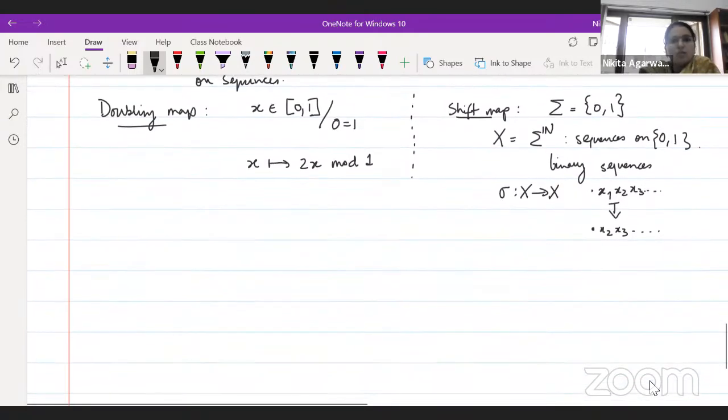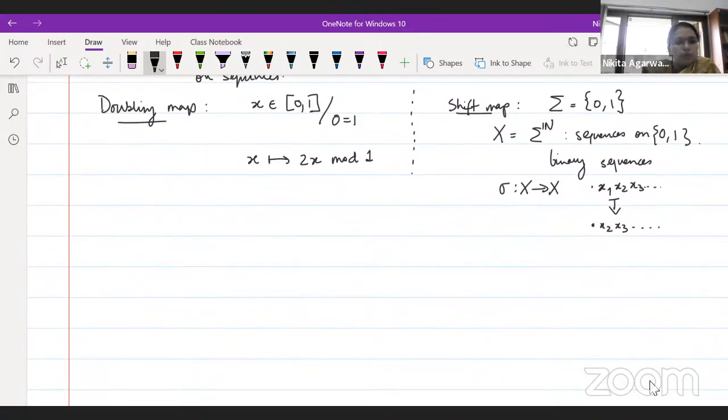So now all of you know that each point x in [0, 1] has a binary expansion. So what is a binary expansion?